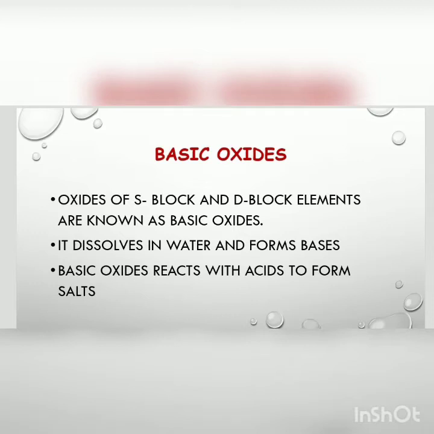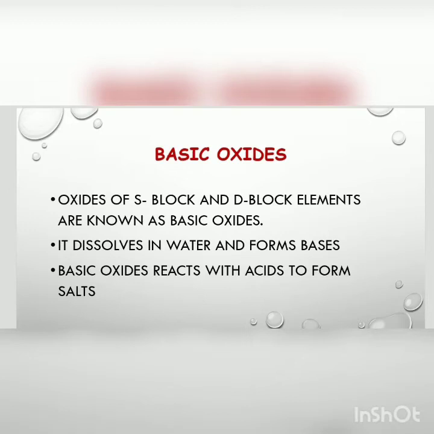D block element metal oxides are also known as basic oxides. You know very well the D block elements are in between the S block and P block elements in the periodic table, right? So these D block element oxides are also known as basic oxides.